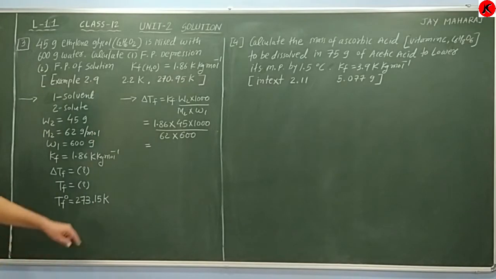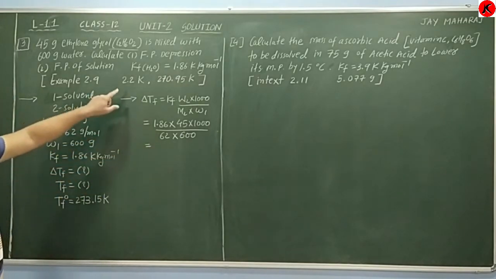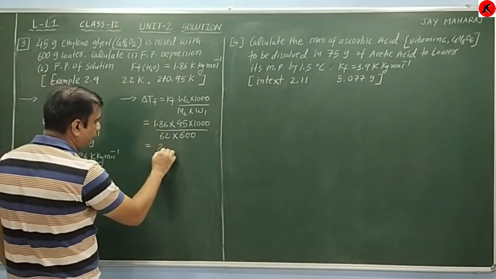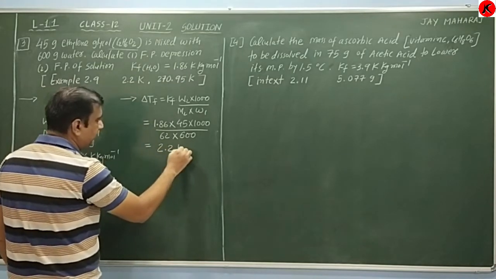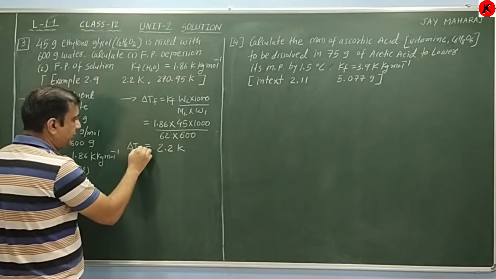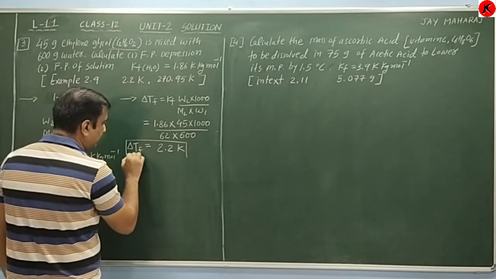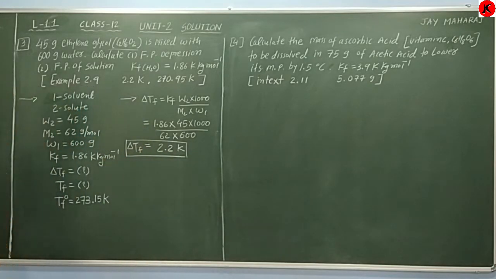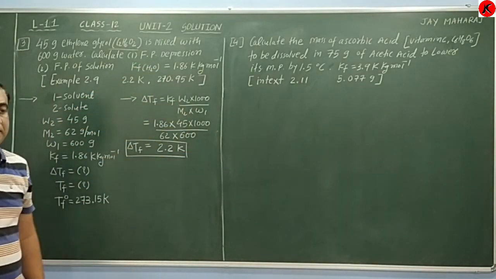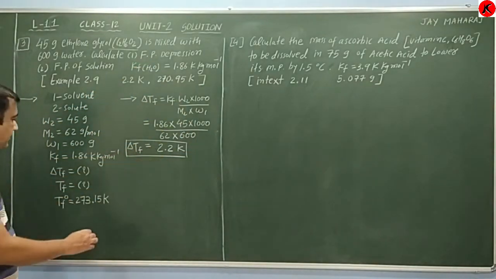Now when this is simplified, answer will be 2.2 Kelvin. That means delta Tf equal to 2.2 Kelvin. That means freezing point depression is 2.2 Kelvin.